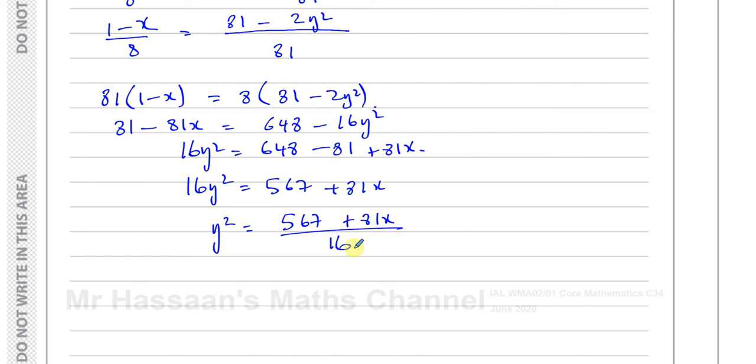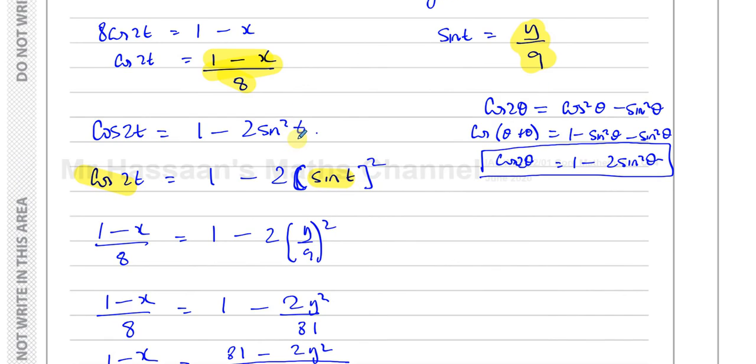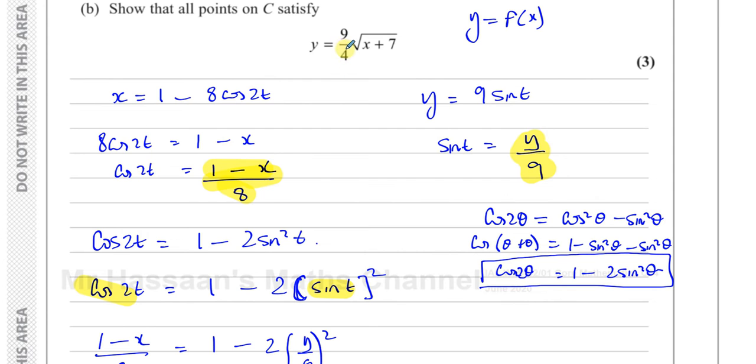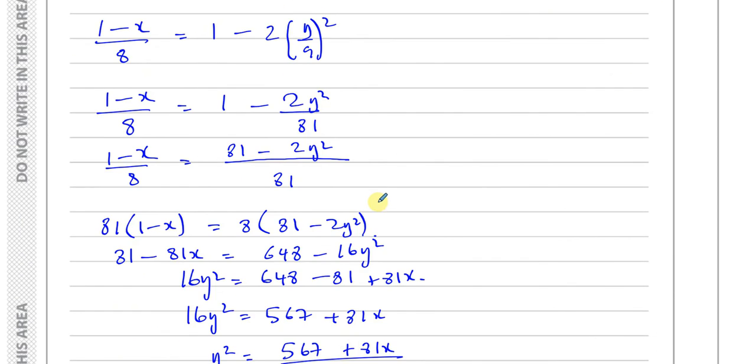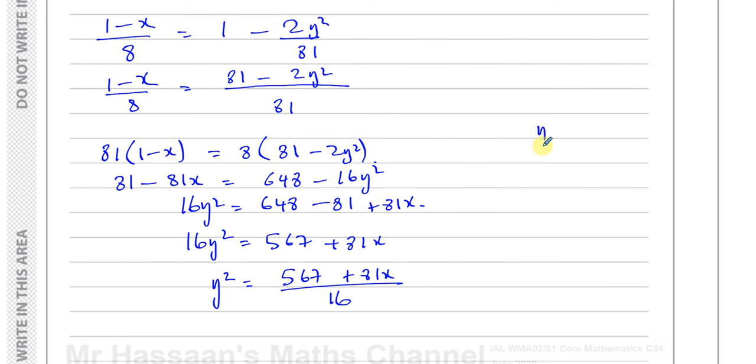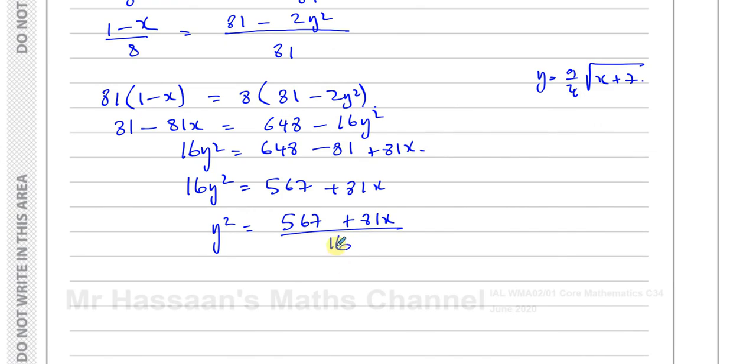All right, now what we have to show looks like this: y equals 9 over 4 times the square root of x plus 7. I can see there's a 4 going to come here, but here we have 81x plus 567. So let's rewrite this as 1 over 16 times 81x plus 567.